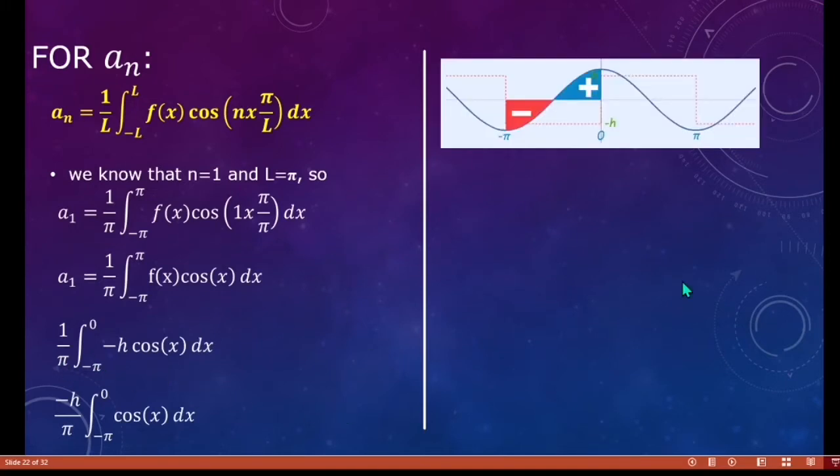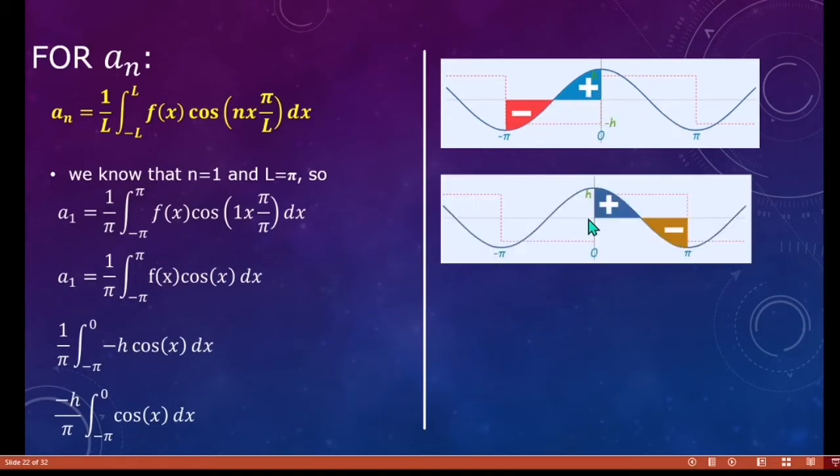And ito. So we have negative pi to 0, and it is simply negative h. And yung kabila naman is positive h. Ito, positive h. And as you can see, the net area of cosine x from negative pi to 0 is just equal to 0.